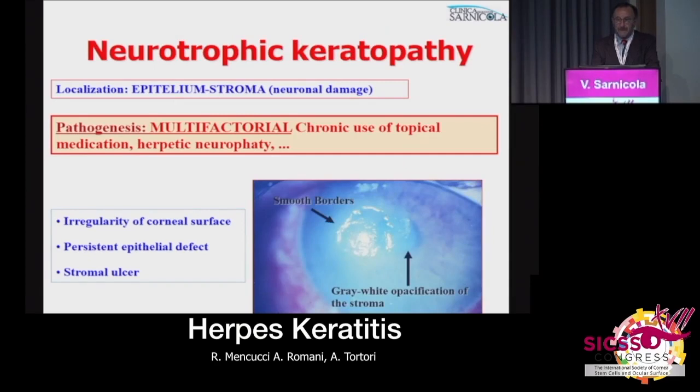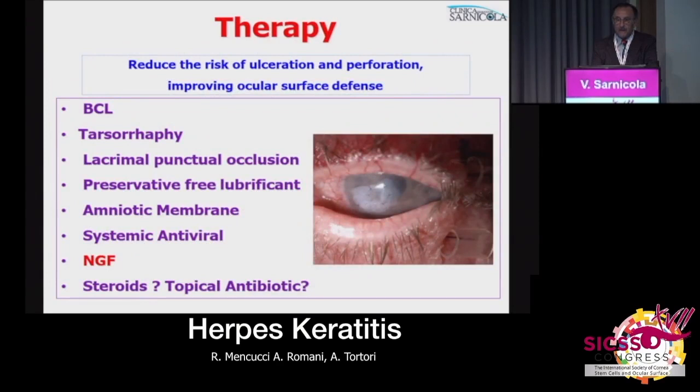And with neurotrophic keratopathy, we must be immediately very careful and attentive, because especially in herpetic disease, when we have a treatment which is prolonged in time, due to the damage by the herpes virus, as well as the suffering accompanying chronic usage of antivirals, a neurotrophic disease might develop.